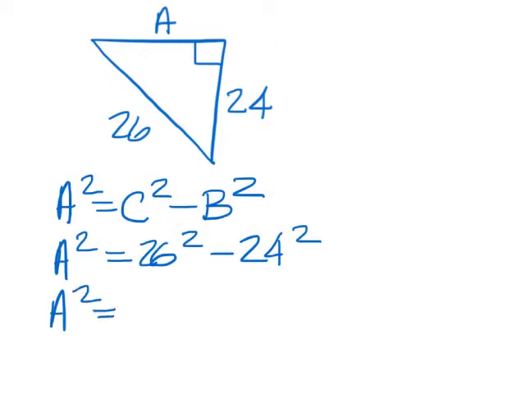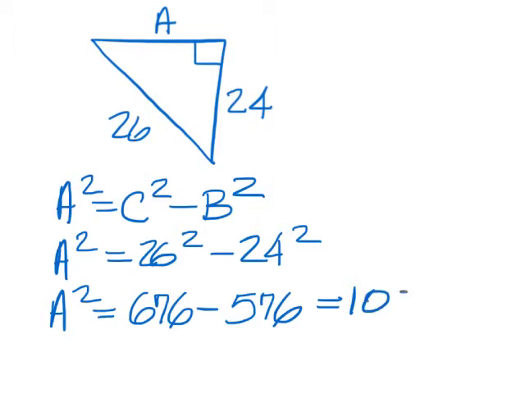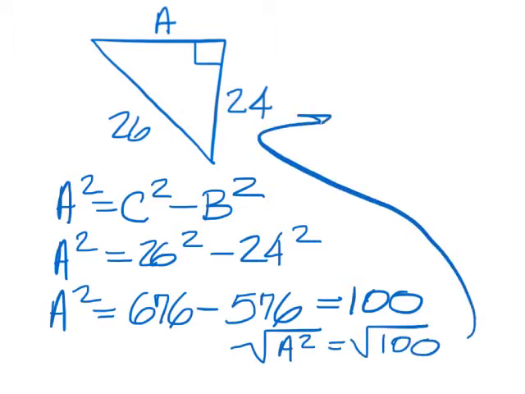So A squared equals 26 squared, and what is 26 squared? 676, yes, and 24 squared is 576. So when you do this, you end up with 100, and that's equal to A squared. So you need the square root of A squared and the square root of 100, and back up here that would give you A equals 10.